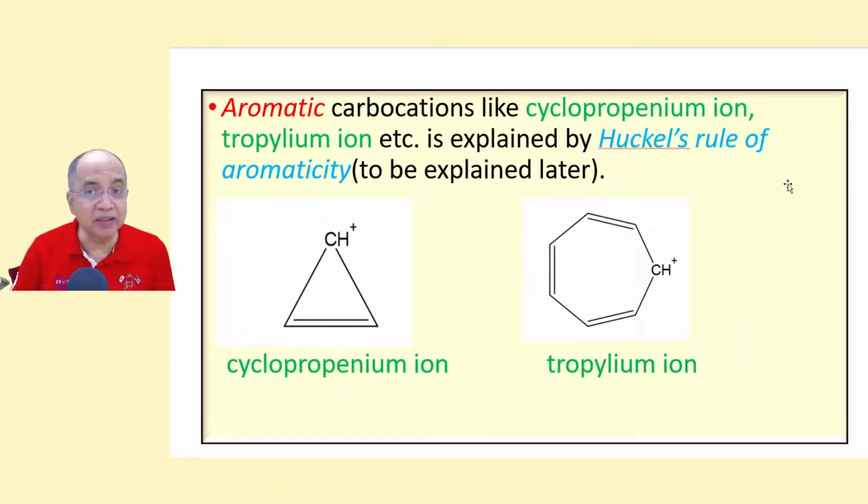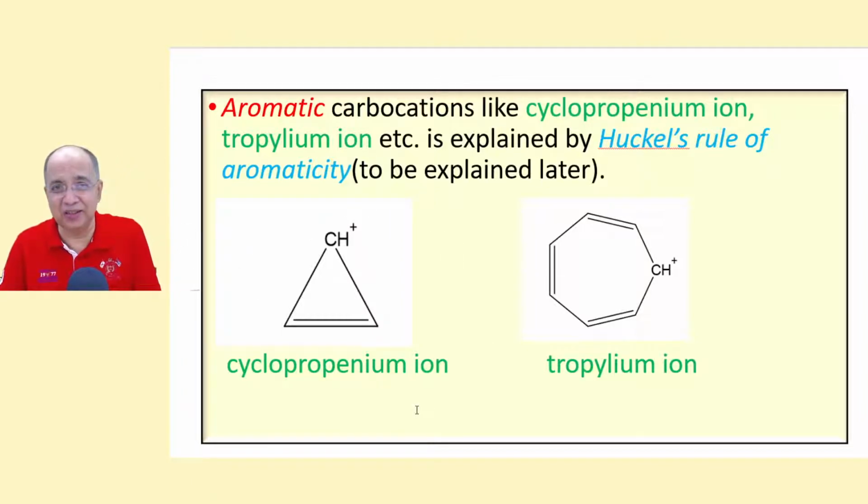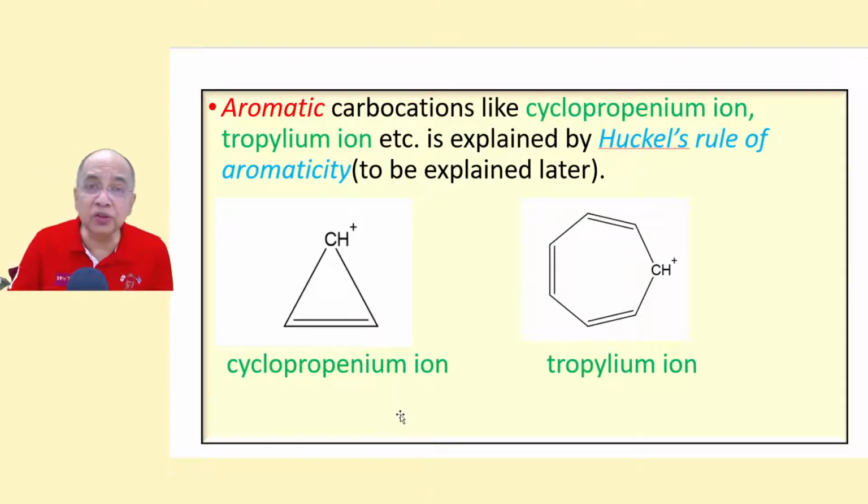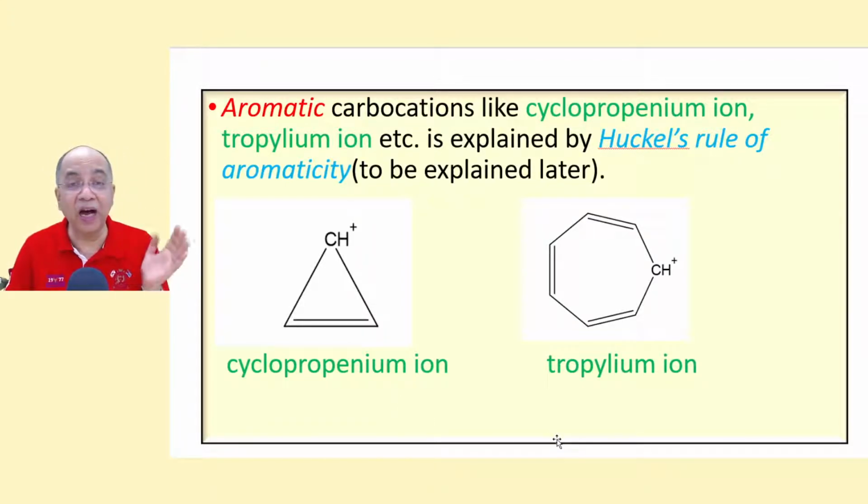About aromaticity, we have not yet produced the video. We'll be doing it shortly, after a couple of videos. Aromatic positive ions, carbocations, are extremely stable. You know, aromatic species, whether a positive ion, a negative ion or a neutral molecule, are highly stable because of a special aromaticity feature.